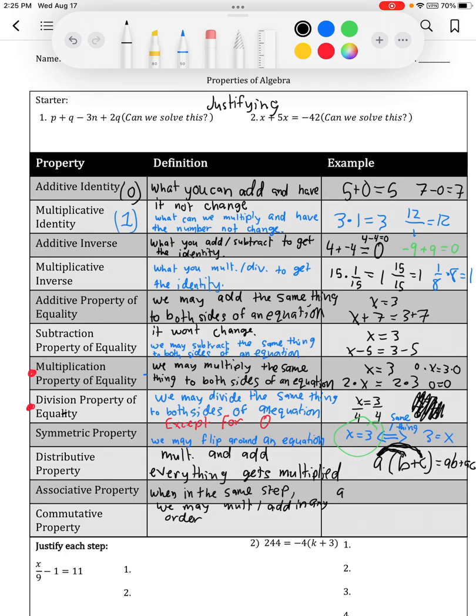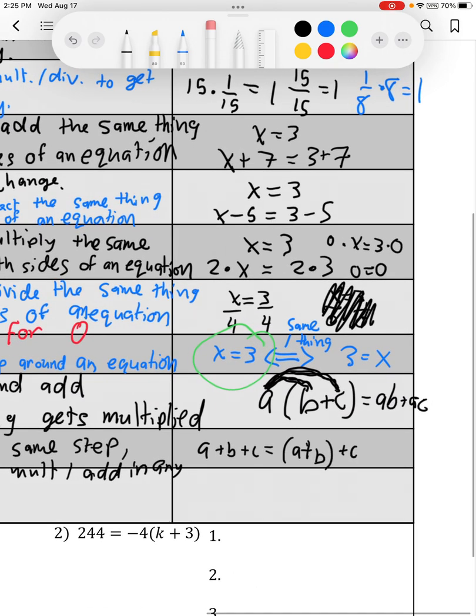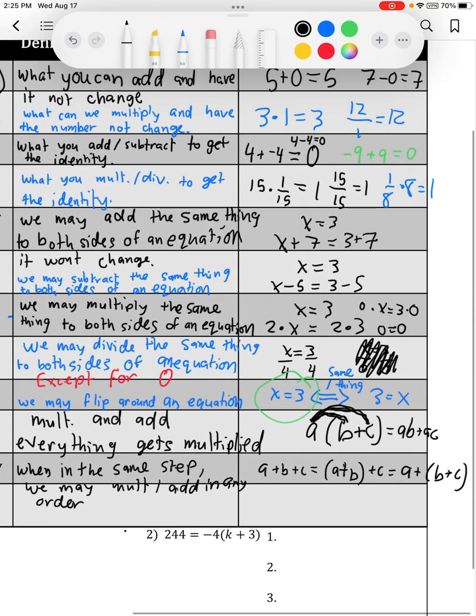So for example, if we have A plus B plus C, that's going to be the same thing as adding the A plus B first, and the same thing as A plus B plus C. Oops, that kind of ran off the edge of the page. I'm going to try again. Doesn't matter which order you add them in, so long as we're in the same step.